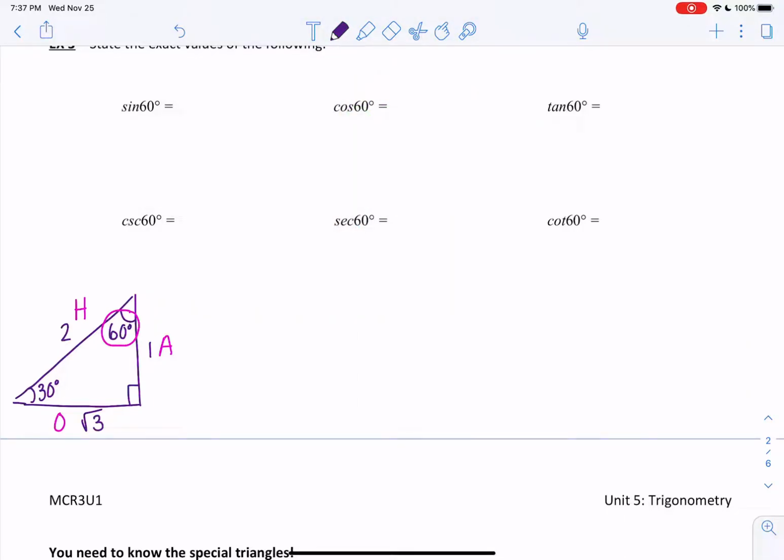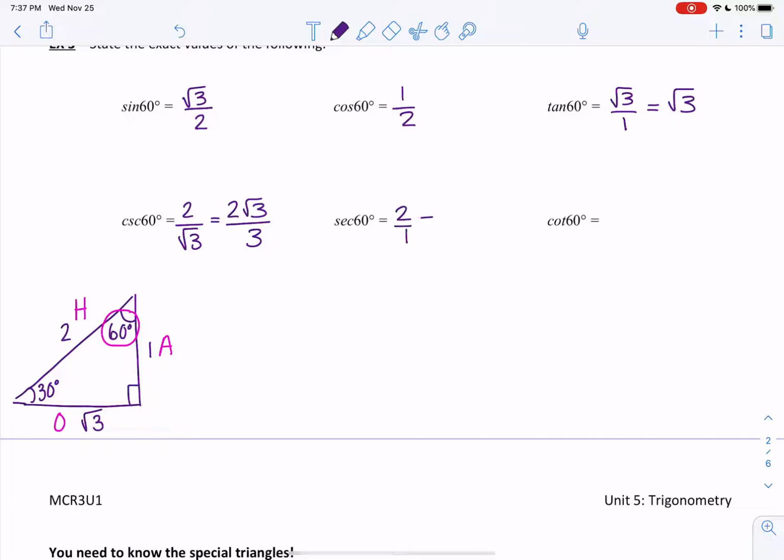So sine, opposite over hypotenuse, cosine, adjacent over hypotenuse, tan, opposite over adjacent, which is just root 3. Cosecant is hypotenuse over opposite, which is 2 root 3 over 3. Secant is hypotenuse over adjacent, so we'll have 2 over 1, which is just 2.